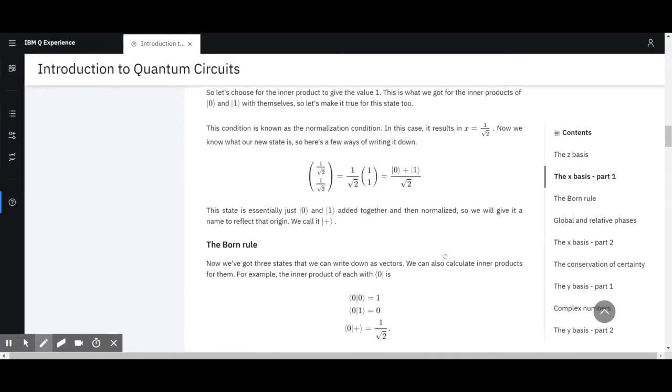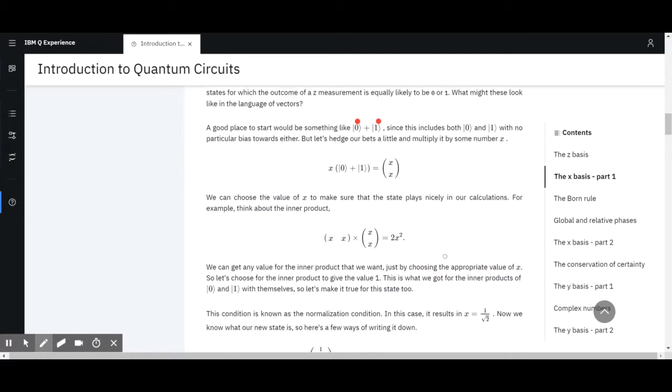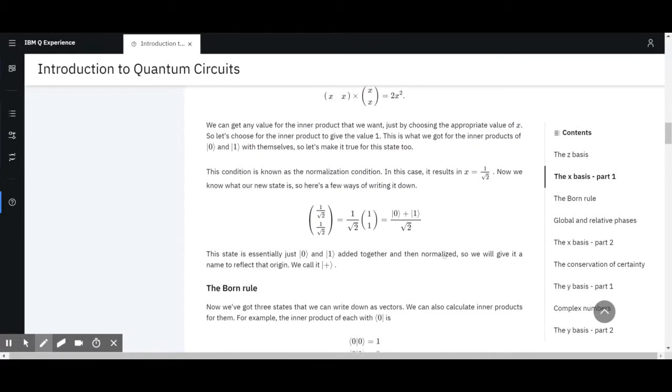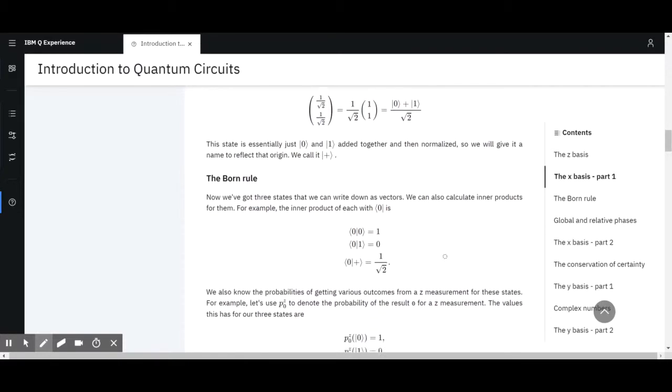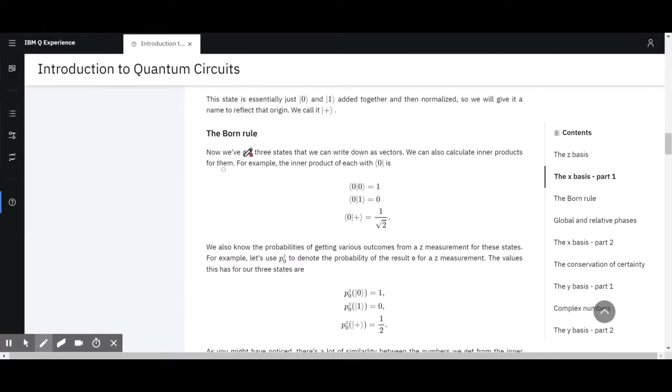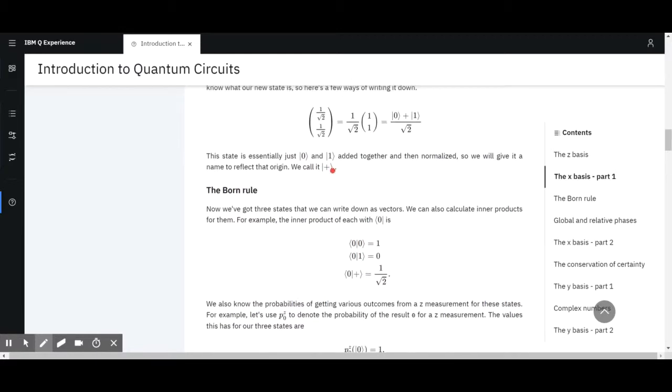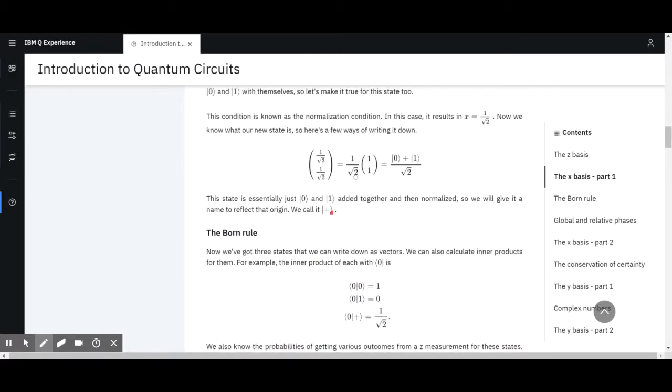I mean, it's for sure interesting and useful, but I don't think that we need to go through that. Intuitively, we've got 3 states we can write. Oh, I see here the plus state. So here it's defining that as the plus state.